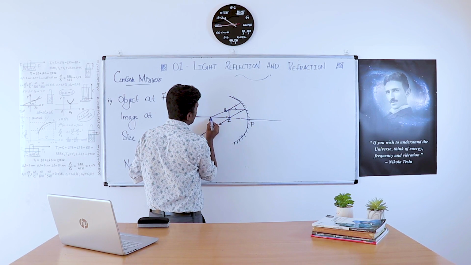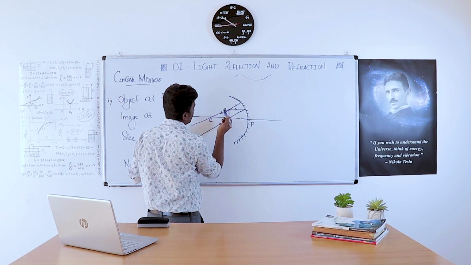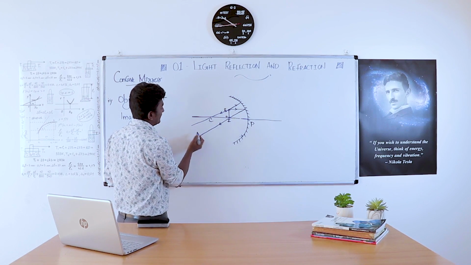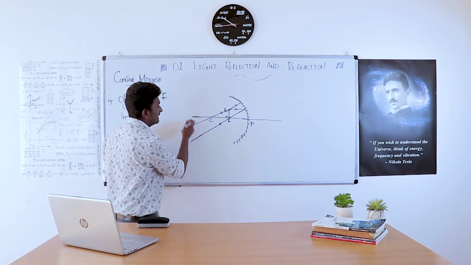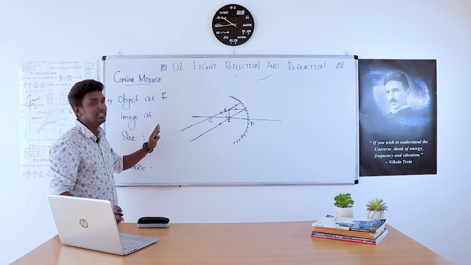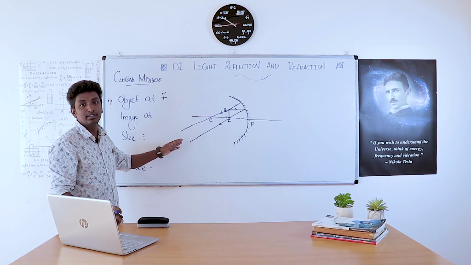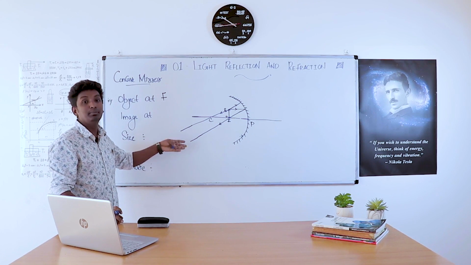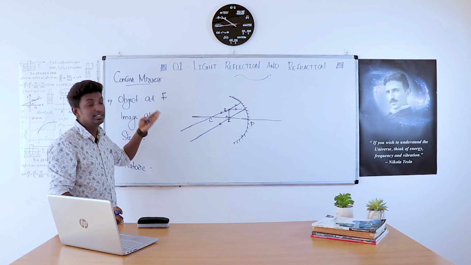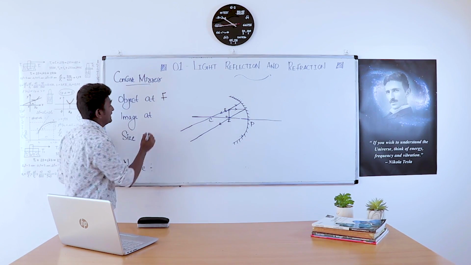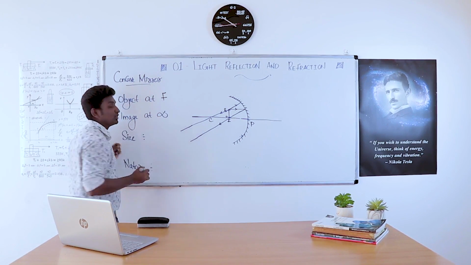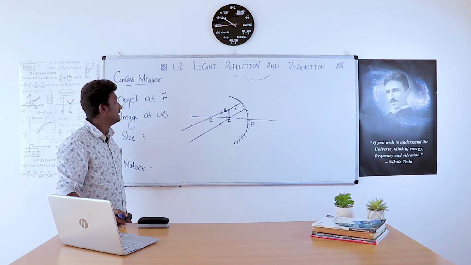You all know that a ray of light coming through center of curvature after reflection will retrace the same path. So look here, these rays are not meeting. We hope that they will meet somewhere at infinity. So we are taking that image is formed at infinity.